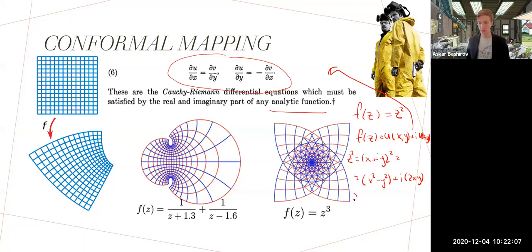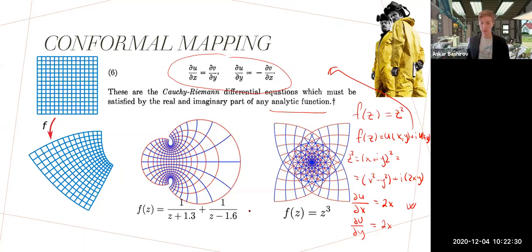Let's check: the partial derivative of u with respect to x is going to be 2x, right? And the partial derivative of v with respect to y is also 2x, right? This one is for y and this one for x, and so they're equal. First condition satisfied.